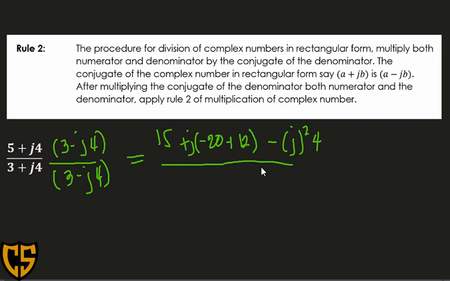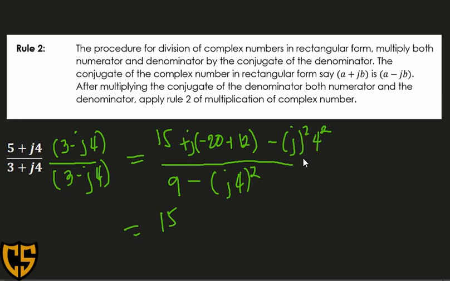In the denominator, we square 3, which is 9, then minus j4 squared. So in the numerator, what remains as a real number is 15, minus negative 1 times 4 squared.